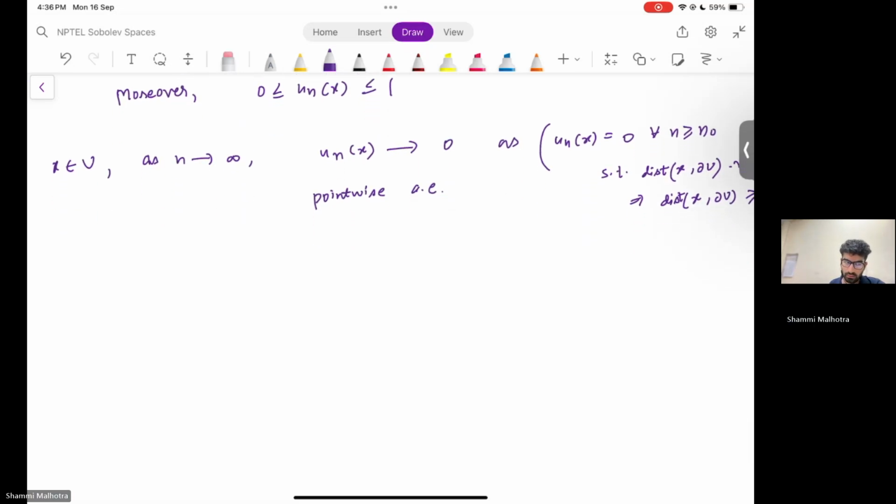Moreover, then this converges pointwise almost everywhere, and I have this one is integrable on u.